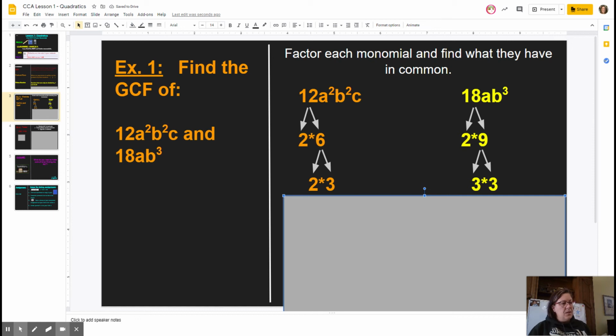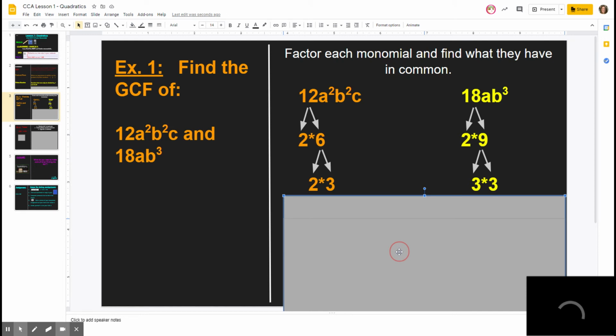I know that 6 is 2 times 3, and I know that 9 is 3 times 3. Again, you ask yourselves, are 2 and 3 and 3 and 3, are they all prime? And yes, we know that 2 and 3 are prime. So we're done with that coefficient part, that numerical part of it.